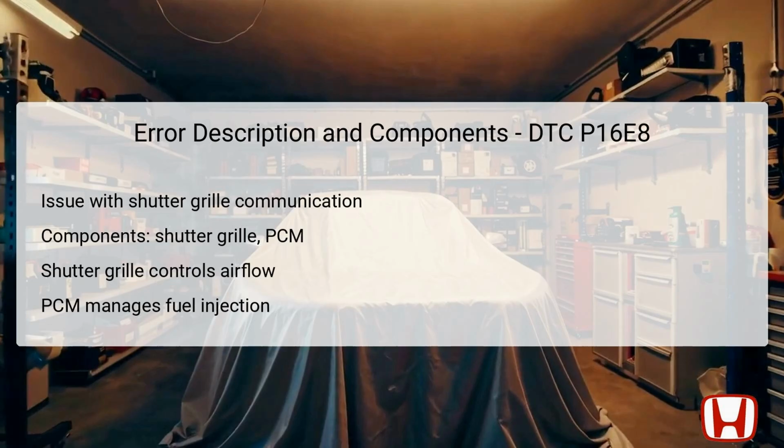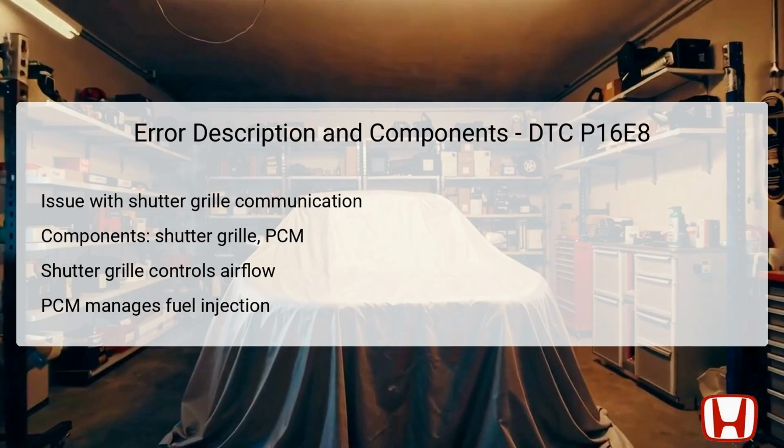The powertrain control module, PCM, communicates with the shutter grille through this LIN, sending signals to operate it correctly. If the PCM fails to receive proper feedback from the shutter grille, or if the signals are interrupted, the P16E8 code may be triggered. Ensuring that both the shutter grille and PCM are functioning and communicating effectively is vital for maintaining the vehicle's performance and efficiency.